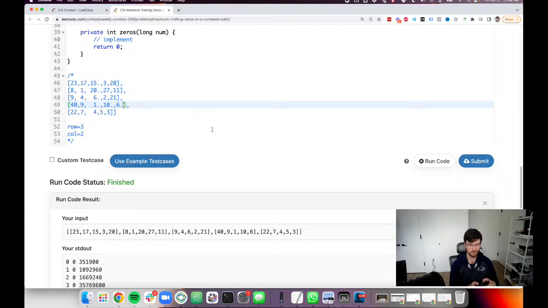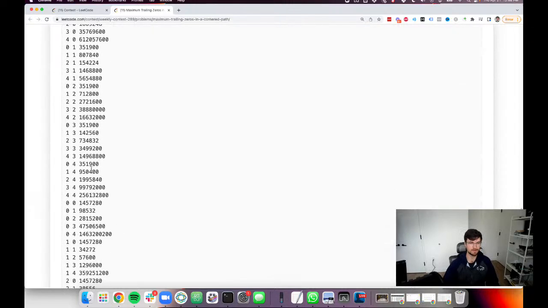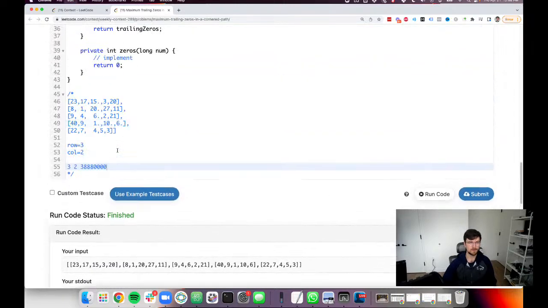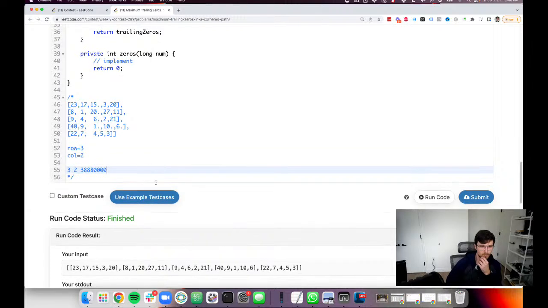I get 3 trailing zeros, and I get a very different result from this here. So what is it that we're doing wrong here? That's my question.